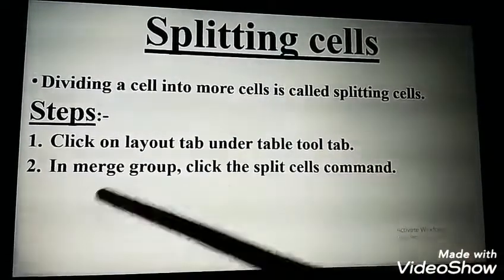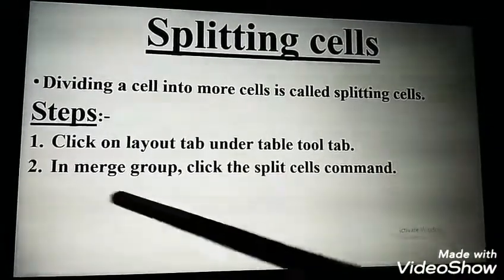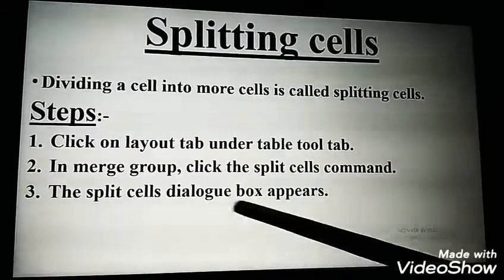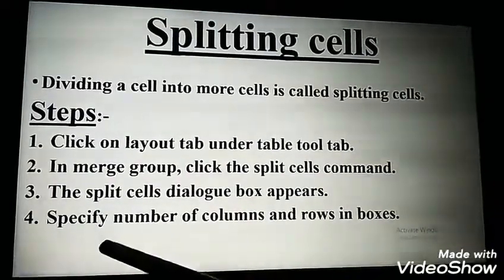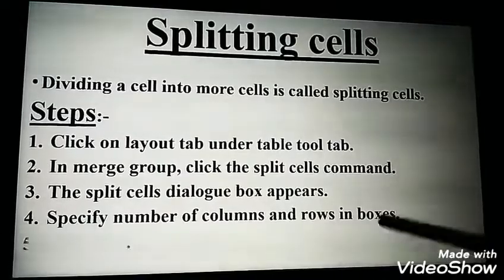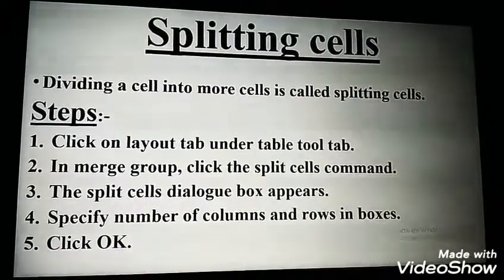Then in the merge group, click the split cells command. The split cells dialog box will appear. Then specify the number of columns and rows in the boxes, and when you have done, click OK.